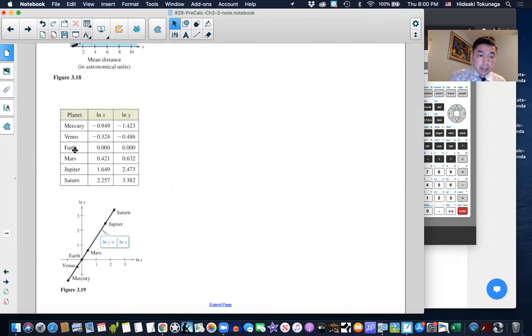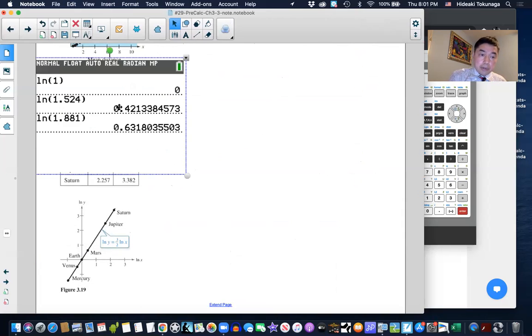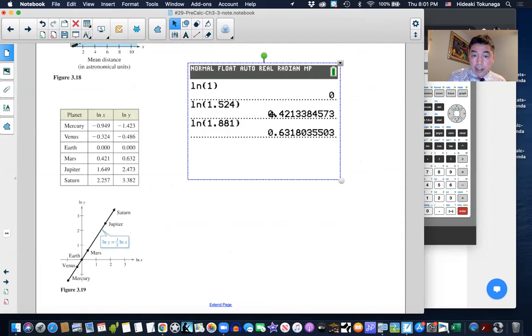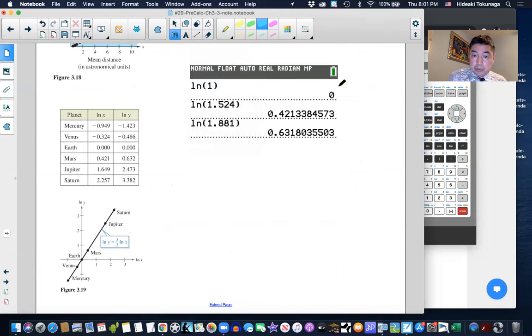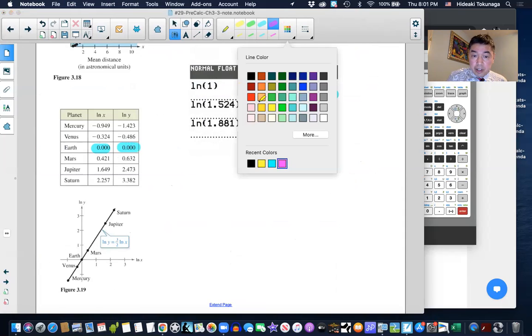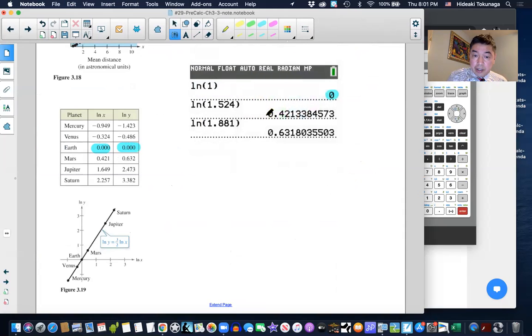This is a table that the textbook calculated for you. What I did is Earth, of course: 0 and 0. Let me highlight Earth with sky blue. Now Mars, which is a little reddish, maybe orangish, so I'll use orange highlight: 0.42 and 0.63.